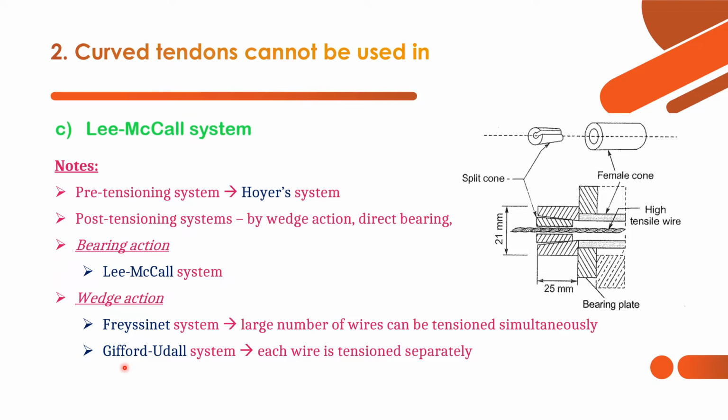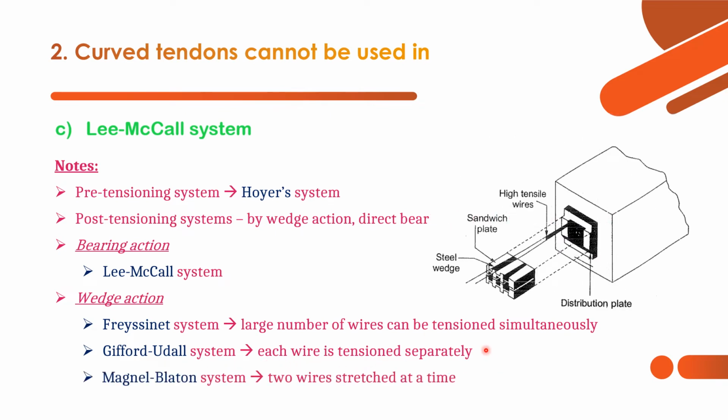Similarly, we have Gifford-Udall system. In this system, wires can be tensioned separately, not together. Here you can see the schematic representation. This is the tendon, high tensile wire, and this is the setup in case of Gifford-Udall system. In this, each wire has to be tensioned separately.